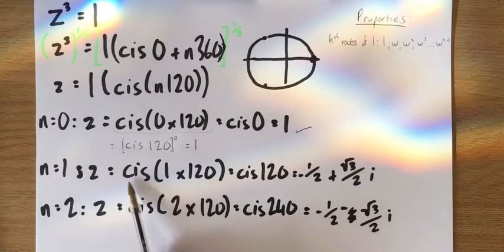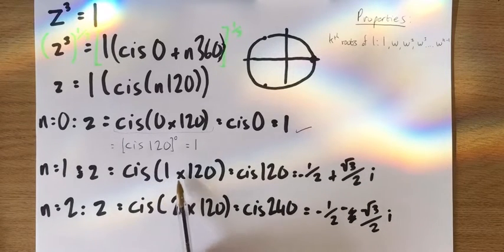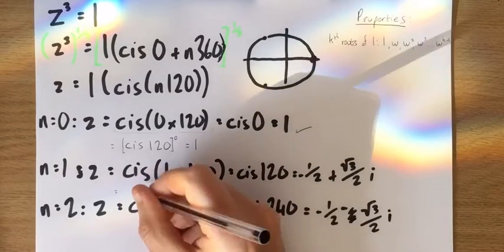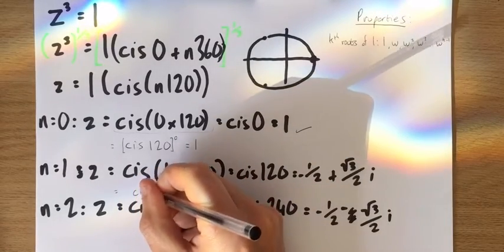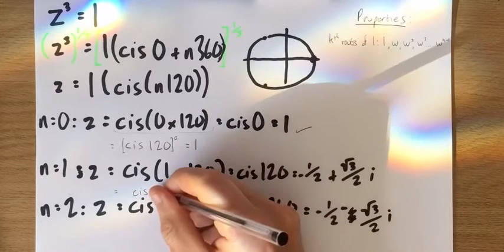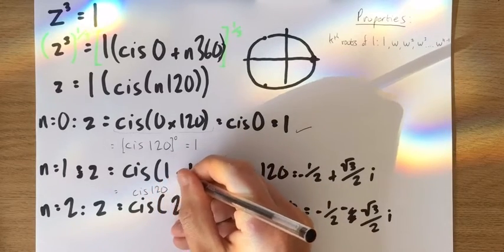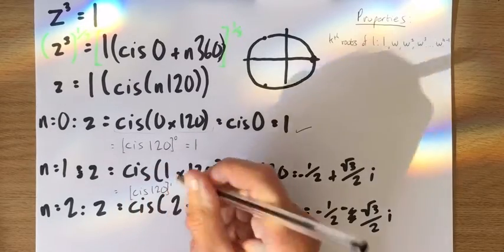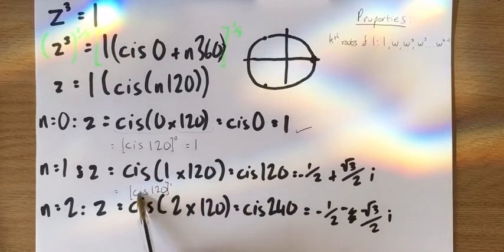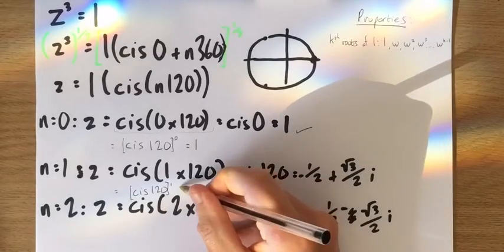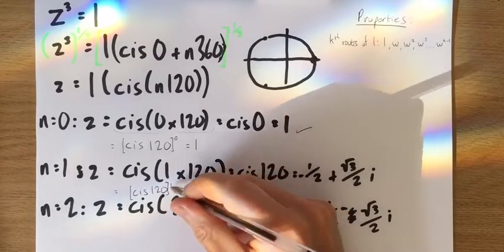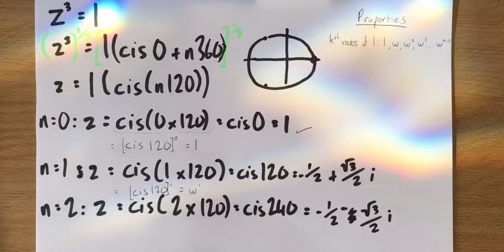Let's do that with this one then. So cis of 1 times 120. Let's do De Moivre in reverse. So this is the cis of 120 degrees to the power of 1. Let's call that complex number, the cis of 120, omega. And that's to the power of 1.